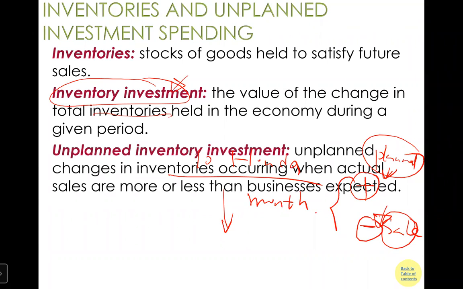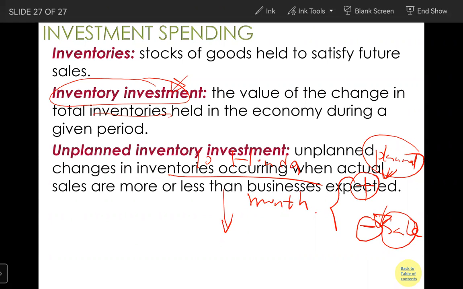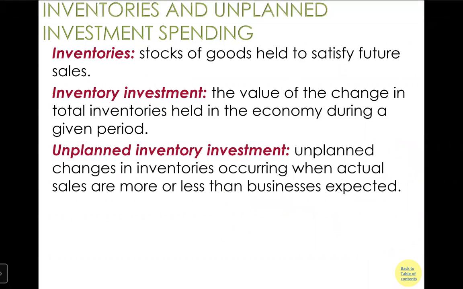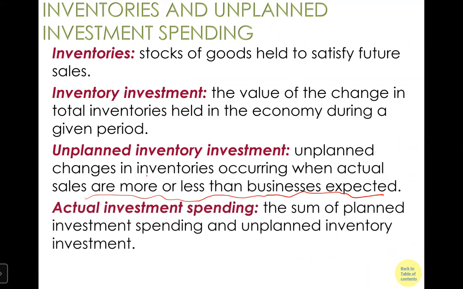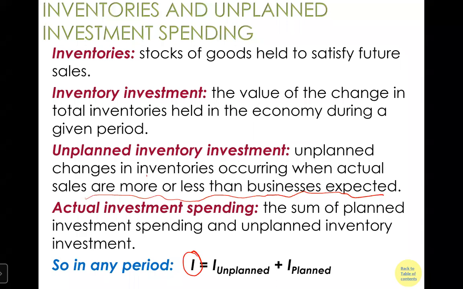And then we have unplanned inventory investment. This is the difference, right? Unplanned change in inventory is when actual sales are more or less than businesses expected. Lastly, you have actual investment spending. Essentially, I equals planned investment plus unplanned investment, right?